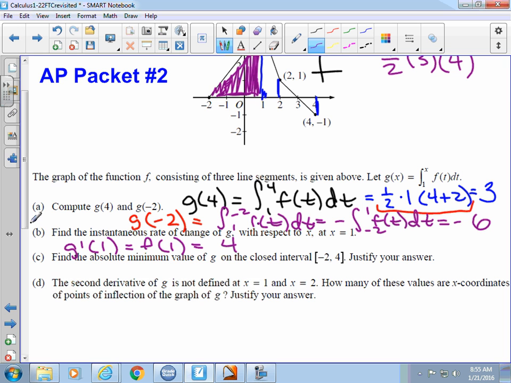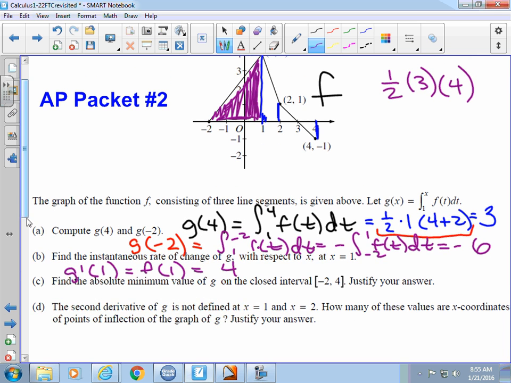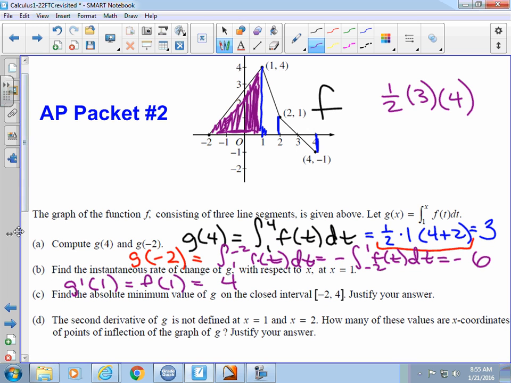Find the absolute minimum value from -2 to 4. It doesn't ask us to find the x value. It actually wants the absolute minimum value, so I need the y value. That could be tricky. Justify. Well, what are my options?